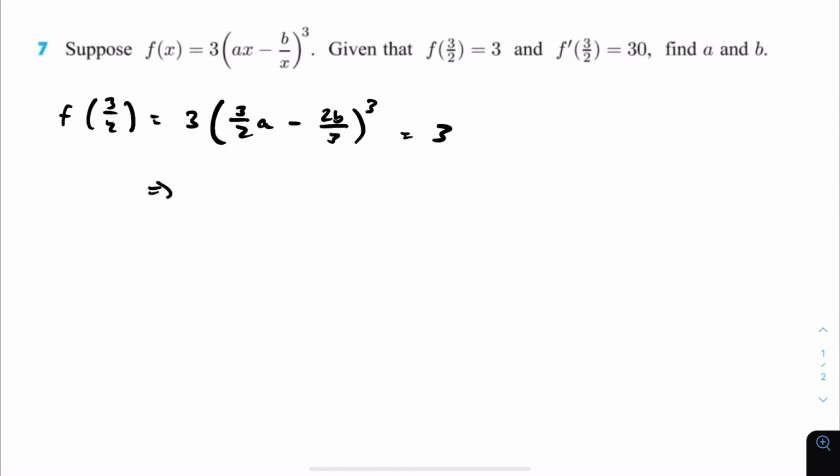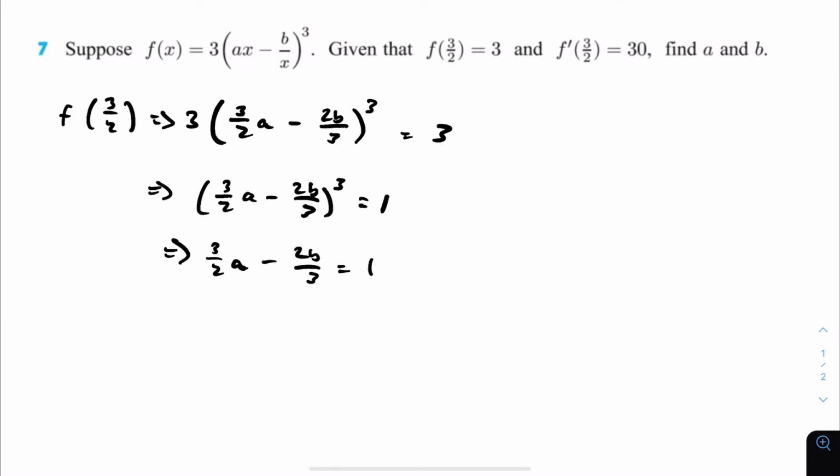We can divide both sides by 3 to get (3/2 a − 2b/3)^3 = 1. If we cube root everything, we get 3/2 a − 2b/3 = 1. If we bring the 2b/3 to one side, we get 3/2 a = (2b + 3)/3, making it a common denominator immediately.